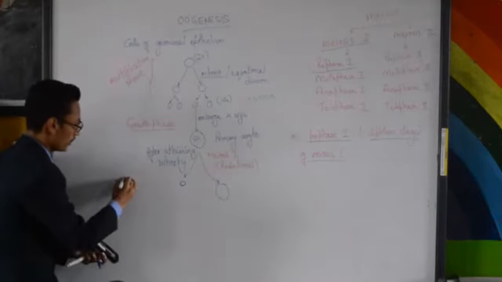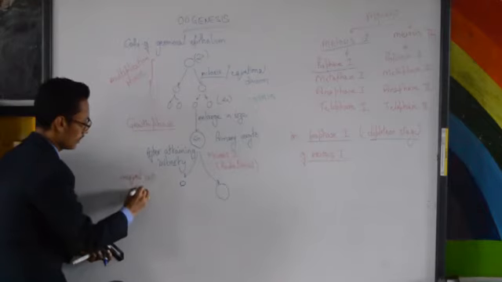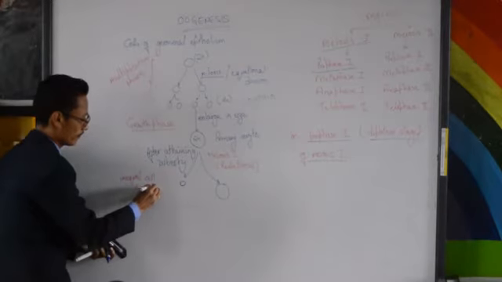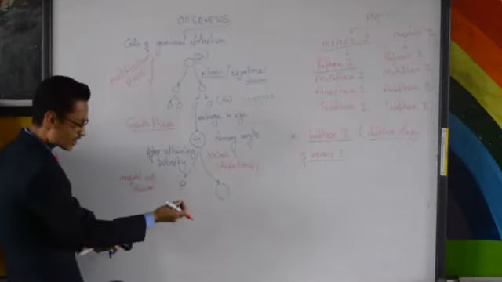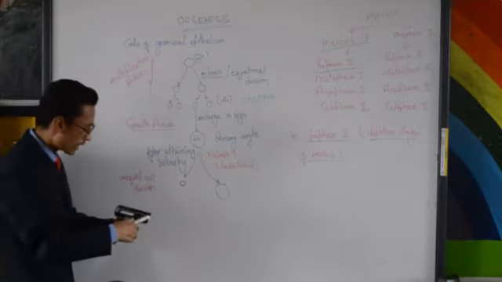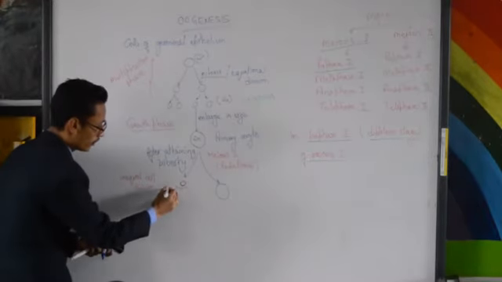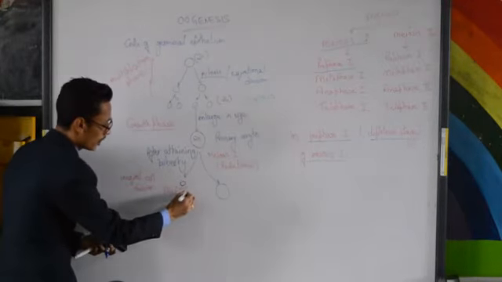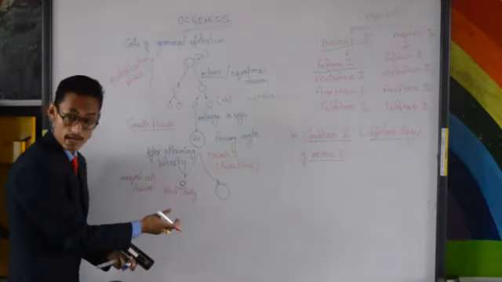So this tiny smaller cell with less or no amount of cytoplasm is called the first polar body, P-O-L-A-R, polar body or polocyte.